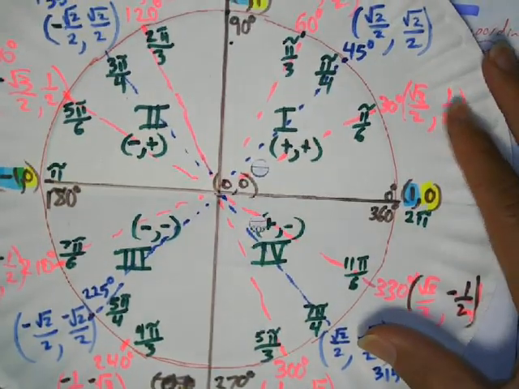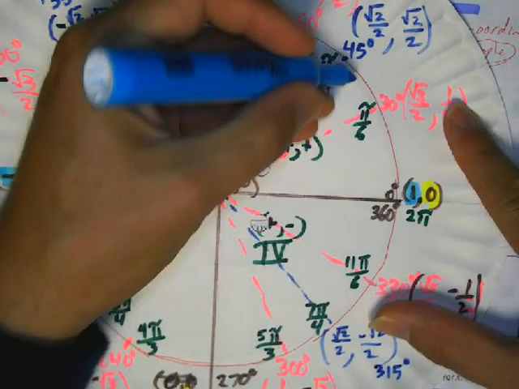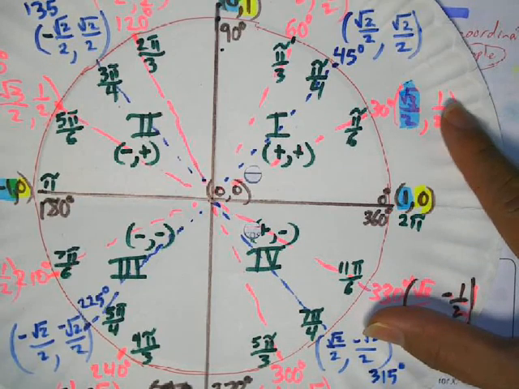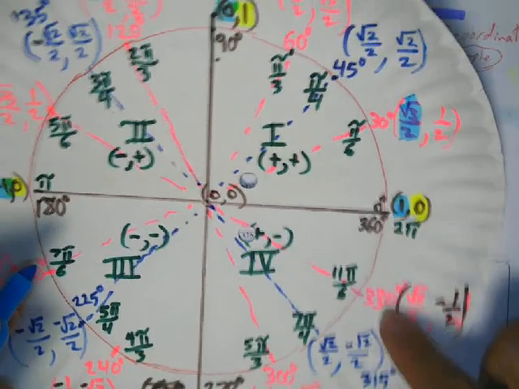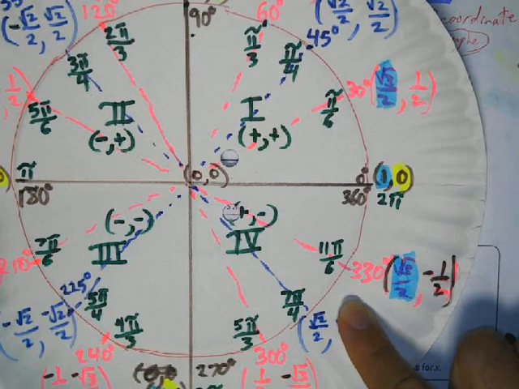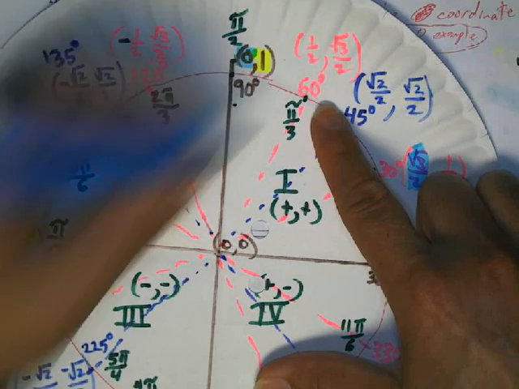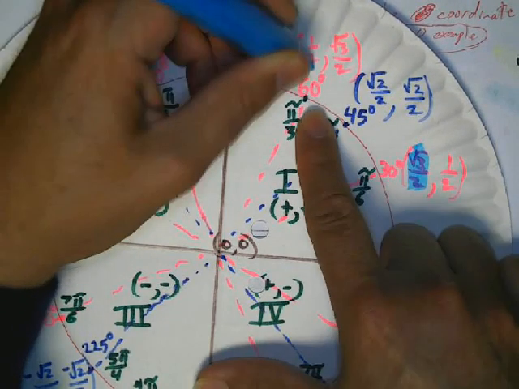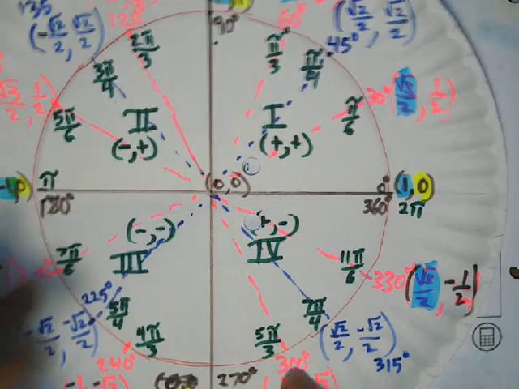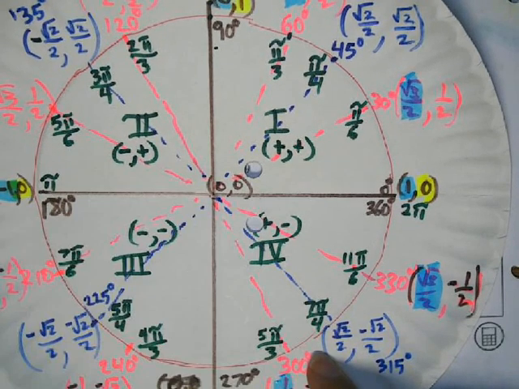We just said cosine is the x values, right? So if I go up 30 degrees, I'm at square root of 3 over 2. If I go negative 30 degrees, I'm down here. Oh, I'm also at square root of 3 over 2. What if I go to 60 degrees? I'm at 1/2. What if I go negative 60 degrees? That's going to take me about down here, and I'm at 1/2 also.